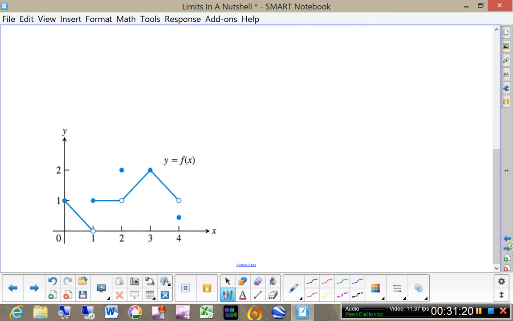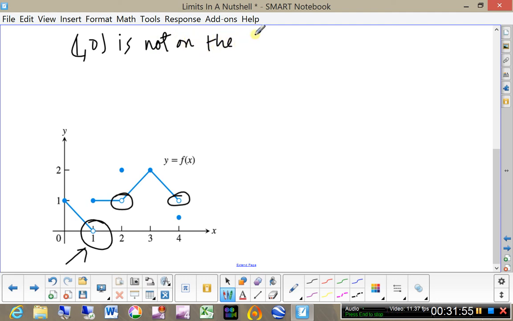Now, we're going to look at sort of a crazy function here. You can see it's very discontinuous, and it's got holes in it here, here, and here. When I say it's got a hole in it, for instance here, the point 1 and 0 is not on the graph.